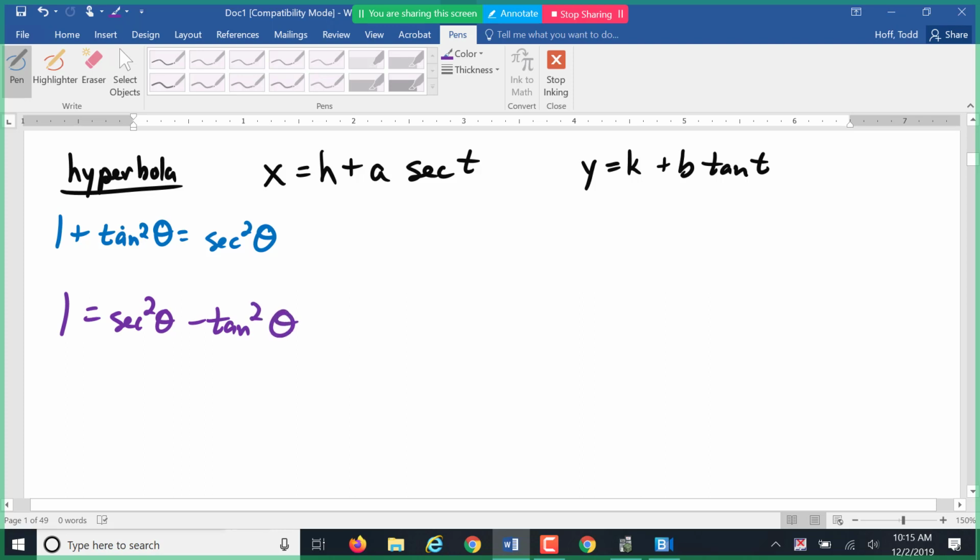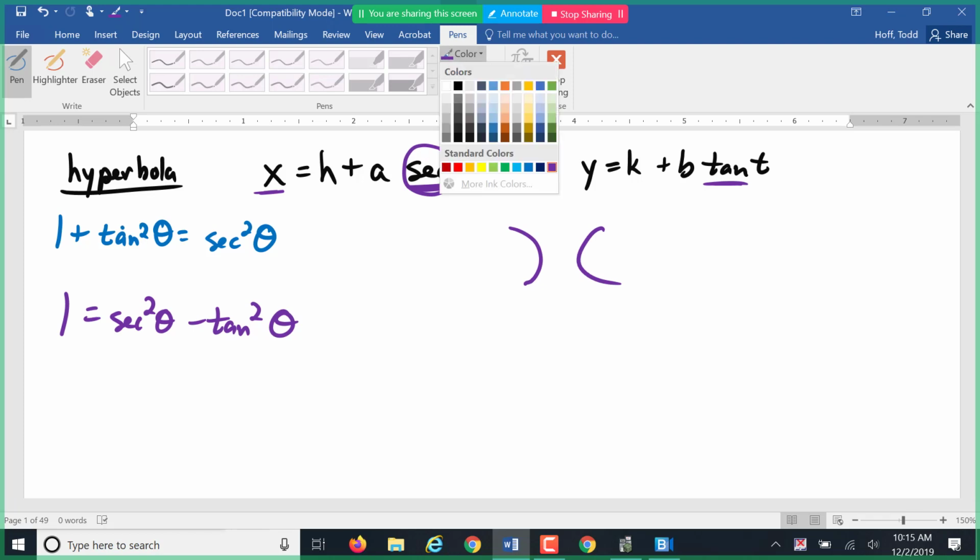So in this case, the direction of opening of this hyperbola depends on which one is secant and which one's tangent. So the tangent and secant can change places in these equations. Whichever one the secant is with, that's going to be the direction of opening. So since the secant's with the x here, this would be opening horizontally.